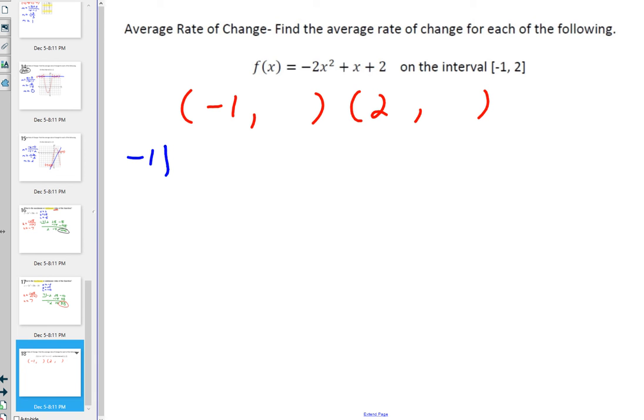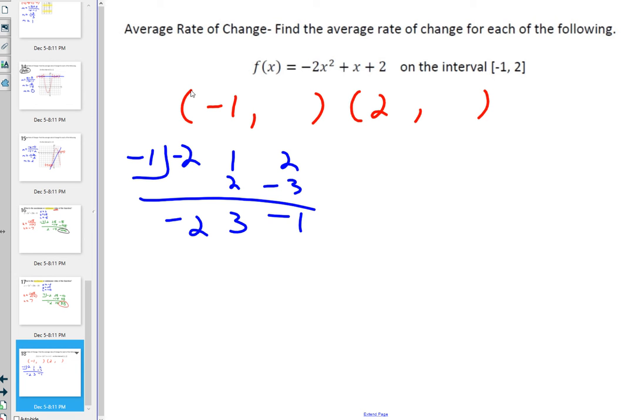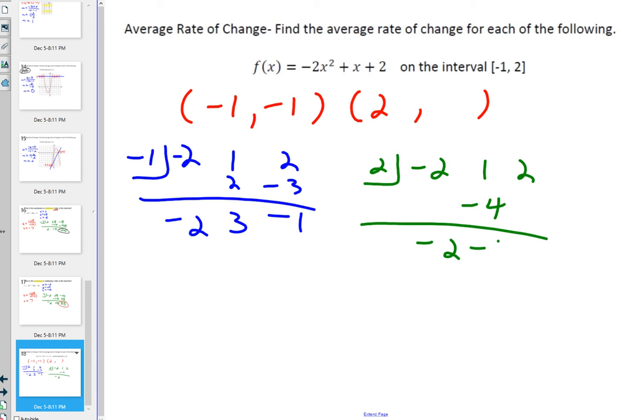So negative 1 first. Negative 2, 1, 2. So negative 2, 2, 3, negative 3, negative 1. When x is negative 1, y is negative 1. Then for the 2, negative 2, negative 4, negative 3, negative 6, negative 4.